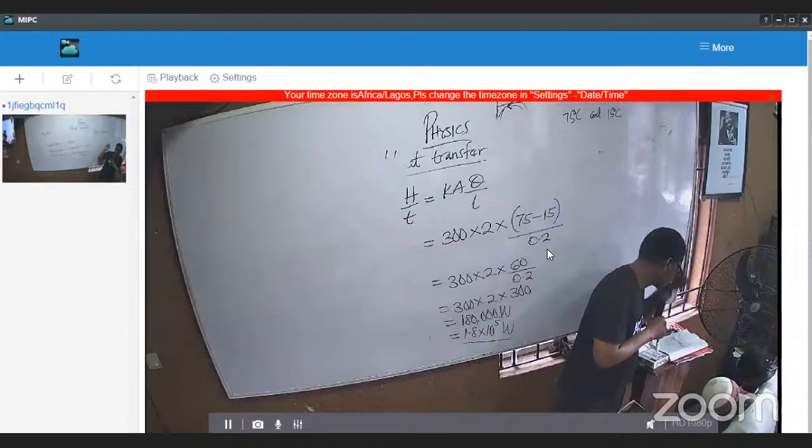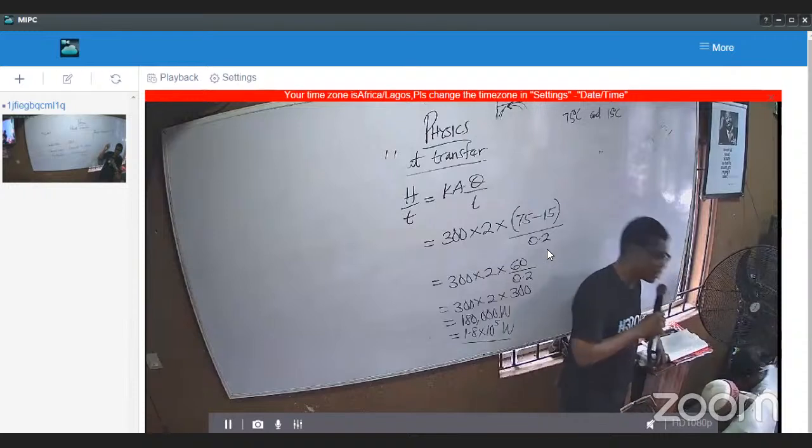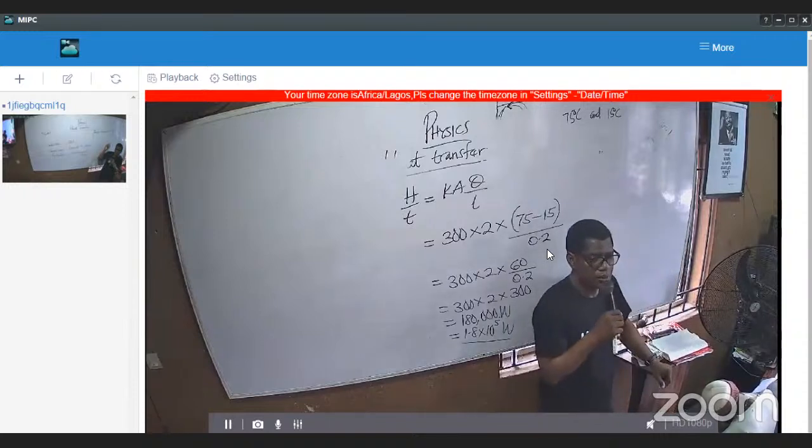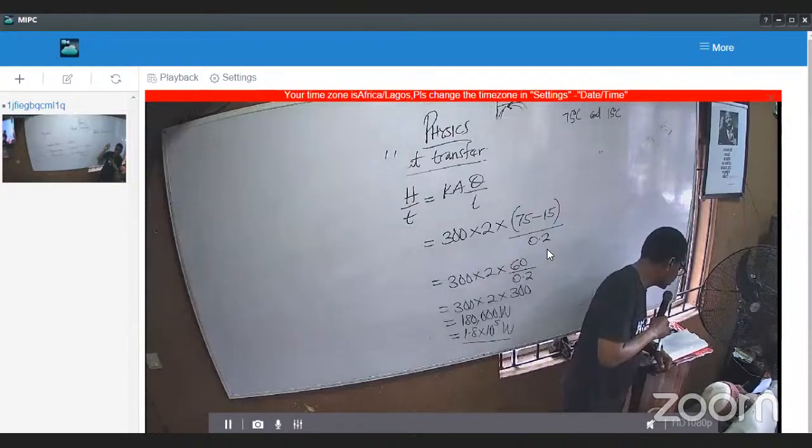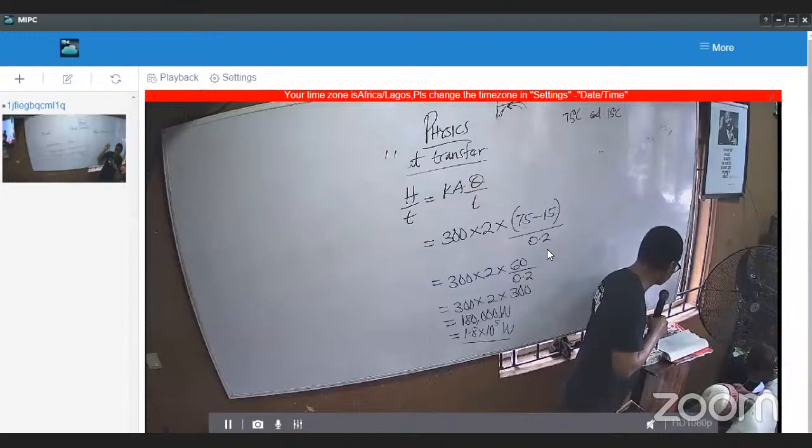Option A, conduction and radiation. Option B, convection and conduction. C, radiation only.